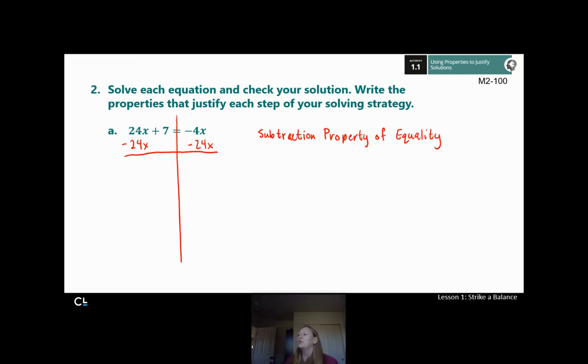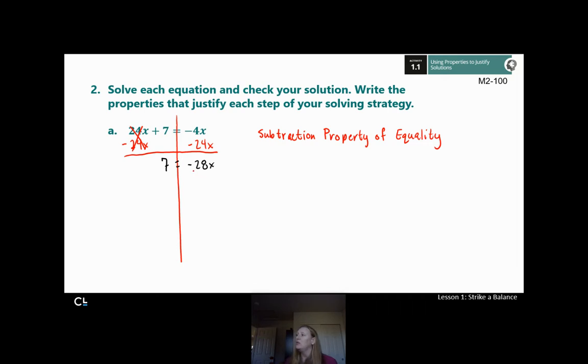And then I clean up. 24X minus 24X is 0. It's dead. That's why we did it. So that leaves me with a positive 7 equals negative 4X minus 24X. They're both negative, so that gives me a negative 28X. And let's do the next thing then. I need to get X all alone, and it's being multiplied by that negative 28.